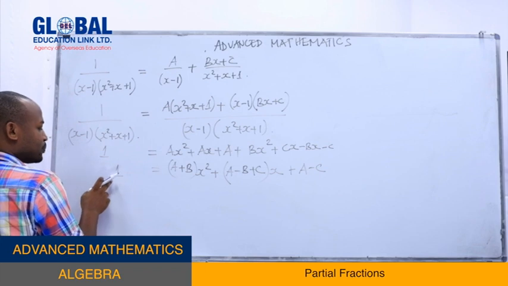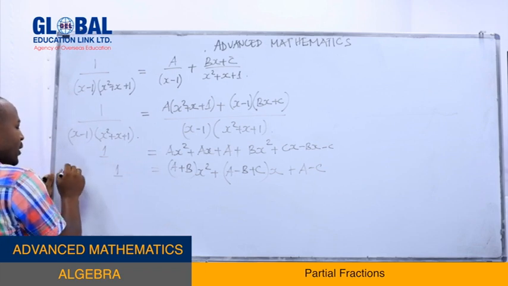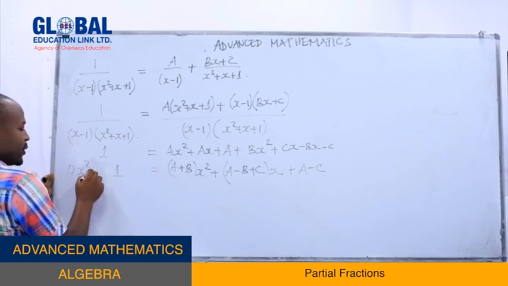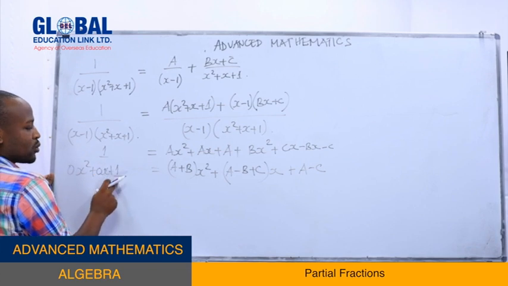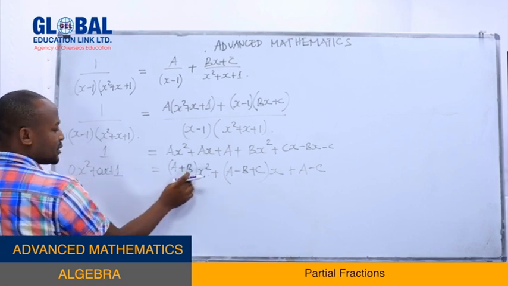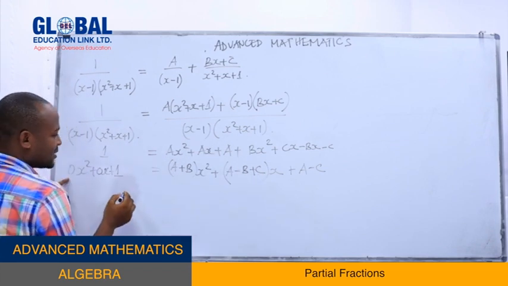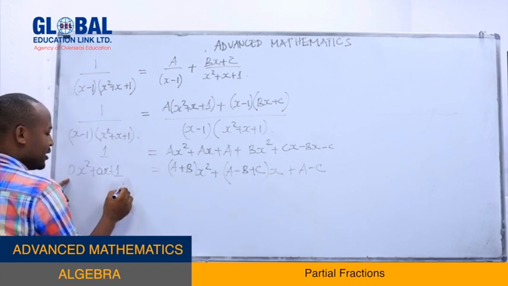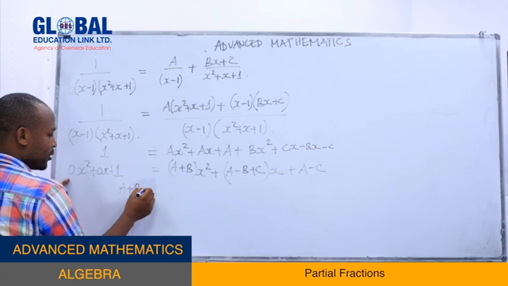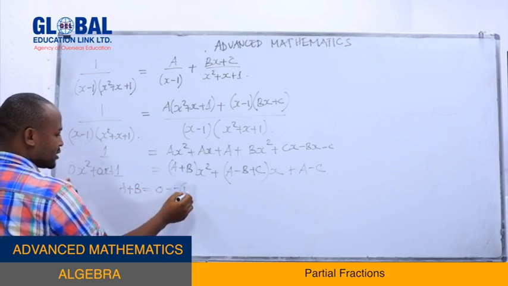That means we have 0 x square plus 0 x plus 1. This one will be equated to that, and this to that, and that again to the last part. That means we are going to have a plus b equal to 0, that is equation number 1.